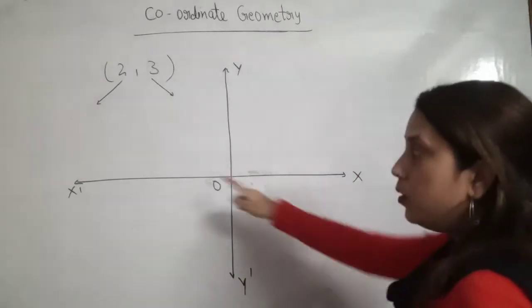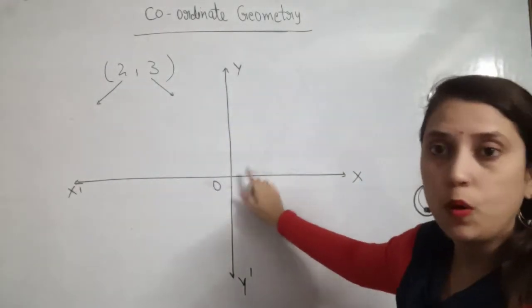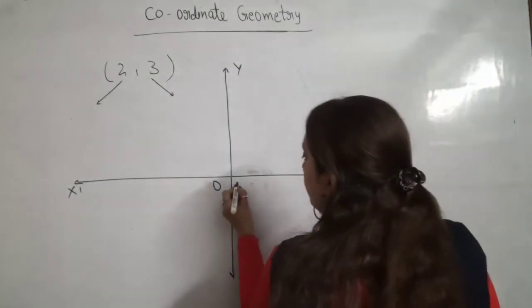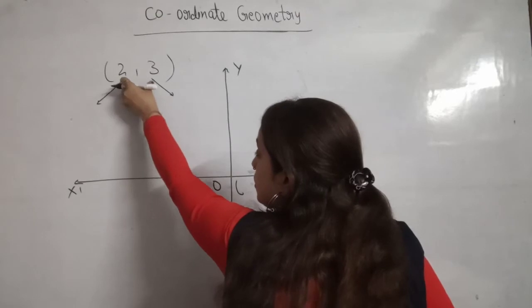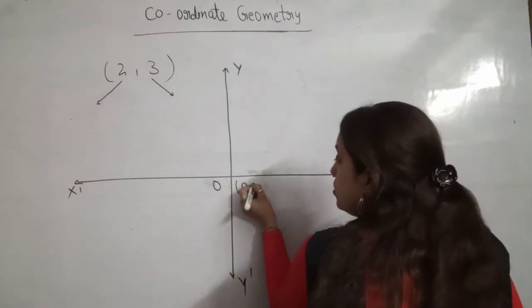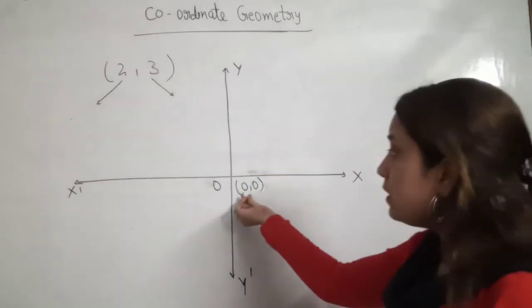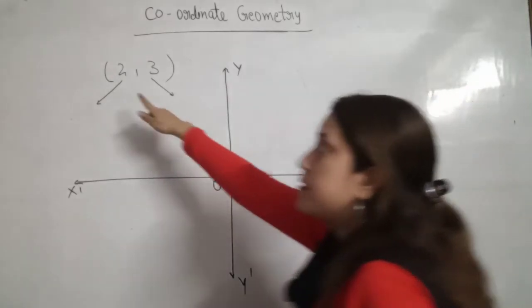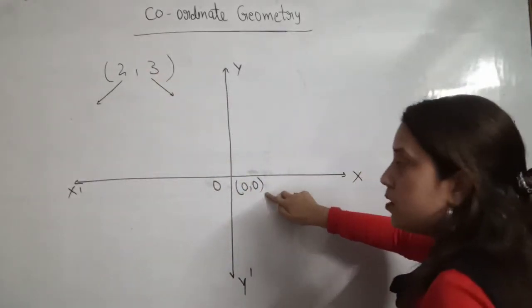Two perpendicular number lines intersect each other at point O, and the coordinate of the origin is a pair of two numbers. So the coordinate of the origin will always be 0, 0. The first is for the x-axis and the second number is for the y-axis.